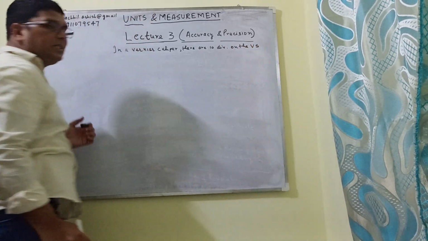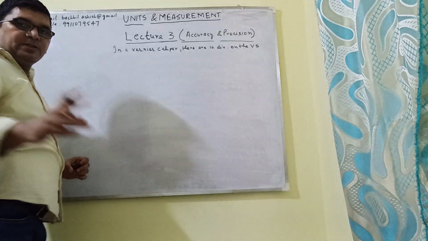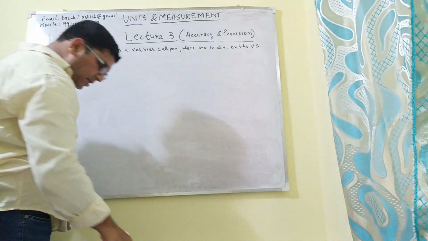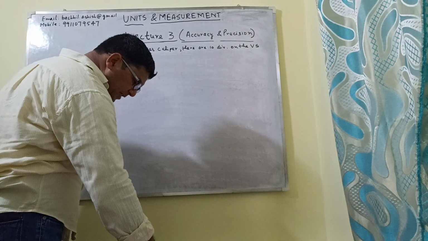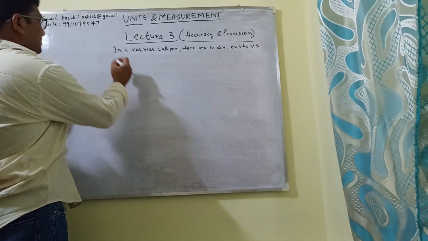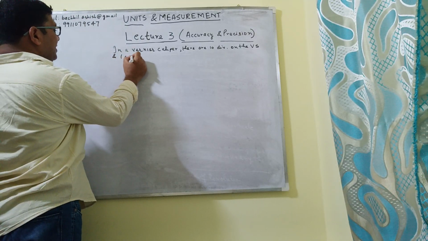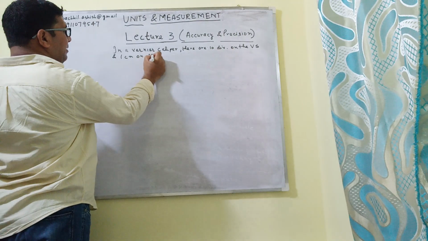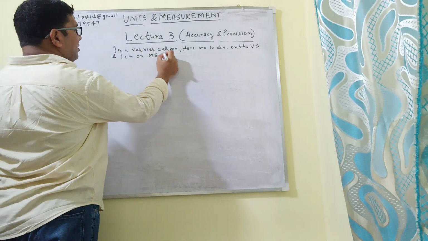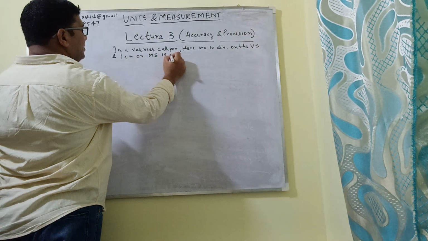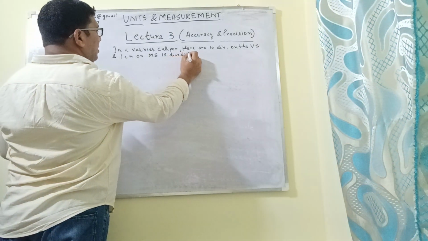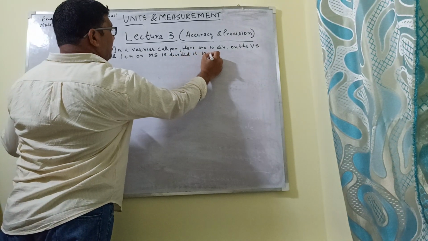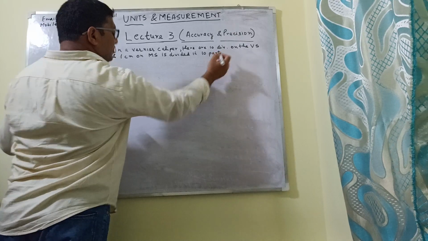I am just writing VS for the vernier scale, and for the main scale I will be writing MS. And 1 centimeter on the main scale MS is divided into 10 equal parts.